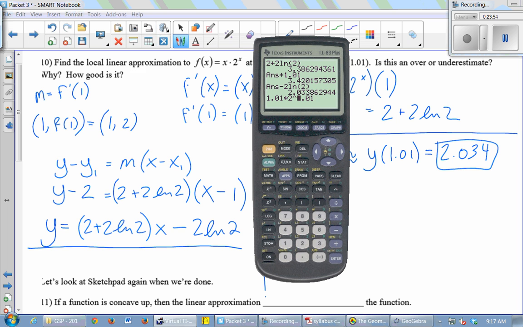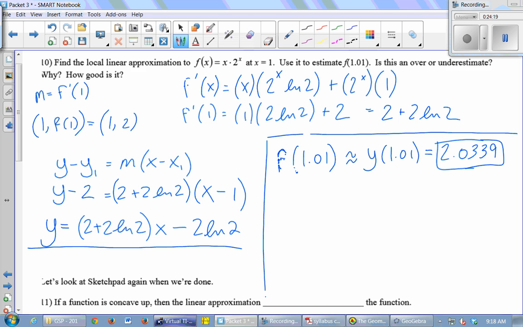And I get 2.034, but the other one was a little bit smaller than that. They look equal because I rounded. This is 2.0339 if I go out one more place, right? And then the actual value is like 2.034. F of 1.01, 2.034. So this is an underestimate.